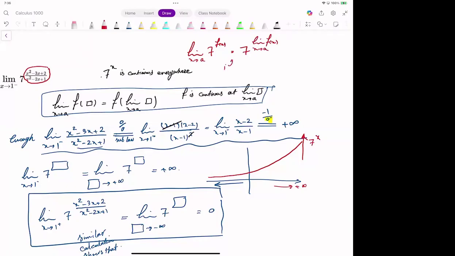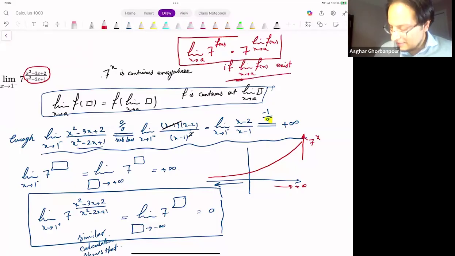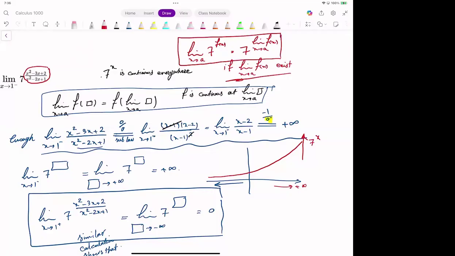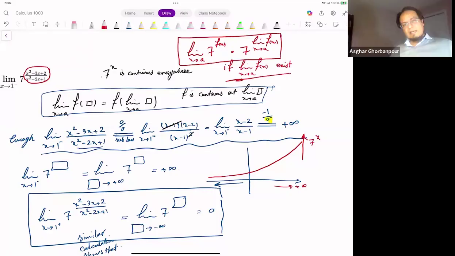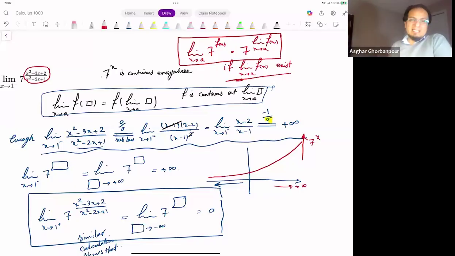If the limit of f of x as x goes to a exists, then you could have taken the limit into the power there. Does that make sense? But we didn't do that because it was an infinite limit. I didn't know that this was going to be an infinite limit, and in an infinite limit the story is different. So this is how we dealt with it.